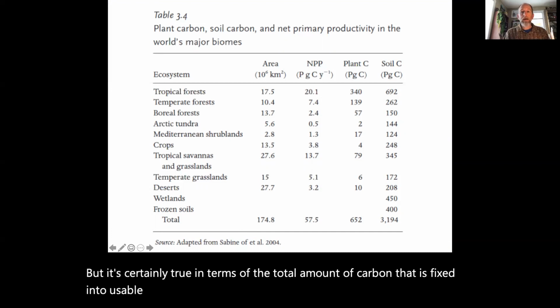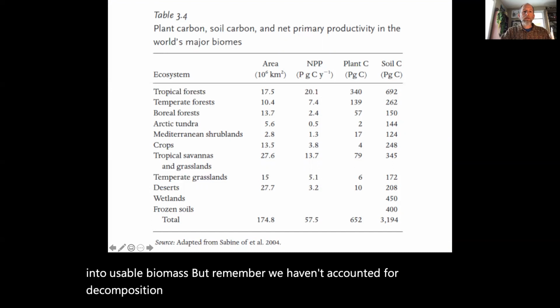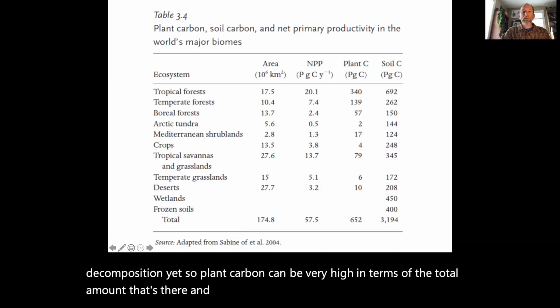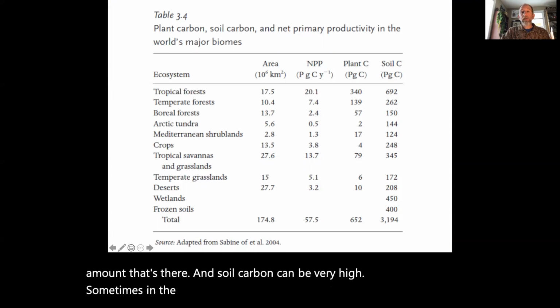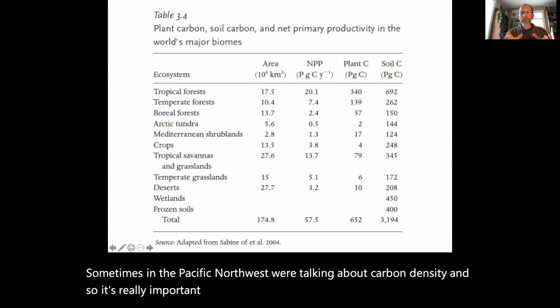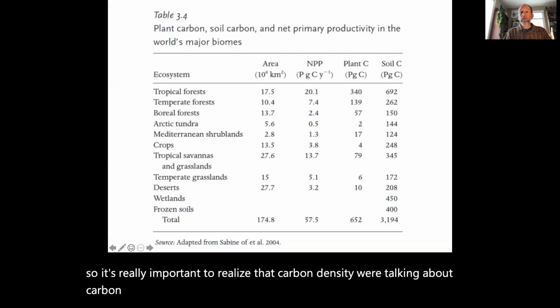But remember, we haven't accounted for decomposition yet. So plant carbon can be very high in terms of the total amount that's there, and soil carbon can be very high. Sometimes in the Pacific Northwest, we're talking about carbon density. And so it's really important to realize that carbon density, we're talking about carbon per unit area. And we're talking about it regardless of live versus dead carbon.